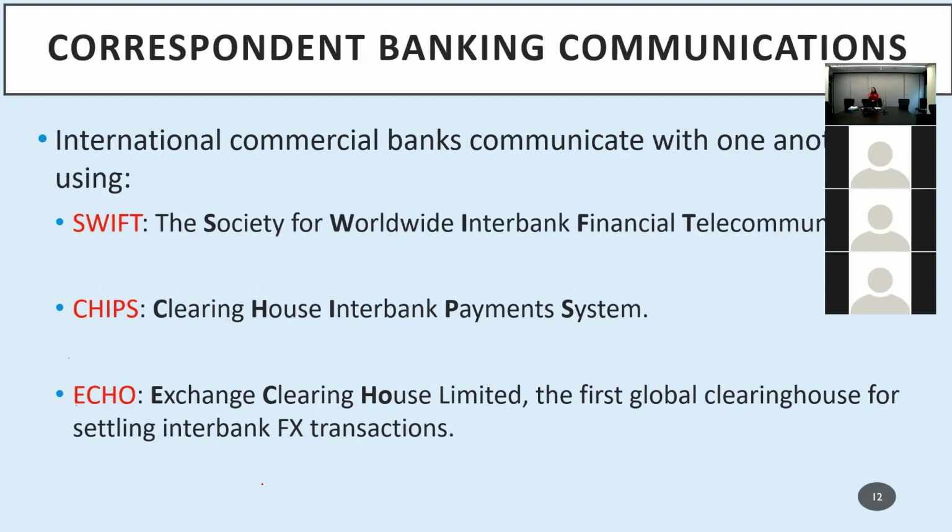The job of a clearinghouse is to settle transactions between different banks, similar to the clearinghouse function of the Australian Stock Exchange, for example. Similarly, CHIPS is a clearinghouse for international transactions. So these are the institutions that deal with settling the transactions that we talked about on the previous slide.